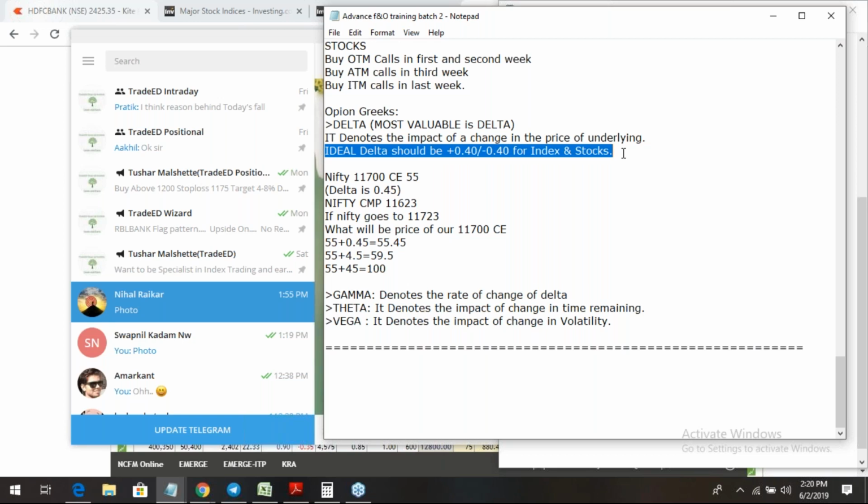Minimum delta should be at least 0.35 or 0.40. You can adjust from 0.35: for call plus 0.35 and for put minus 0.35. But if 0.40 or above is there, then it is always good.